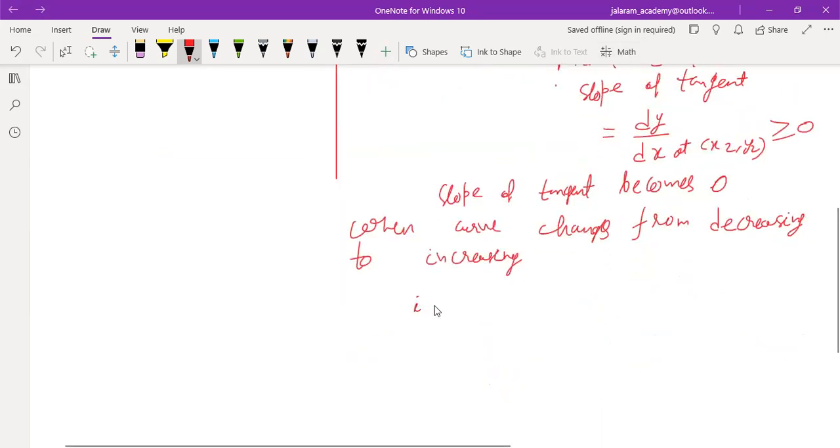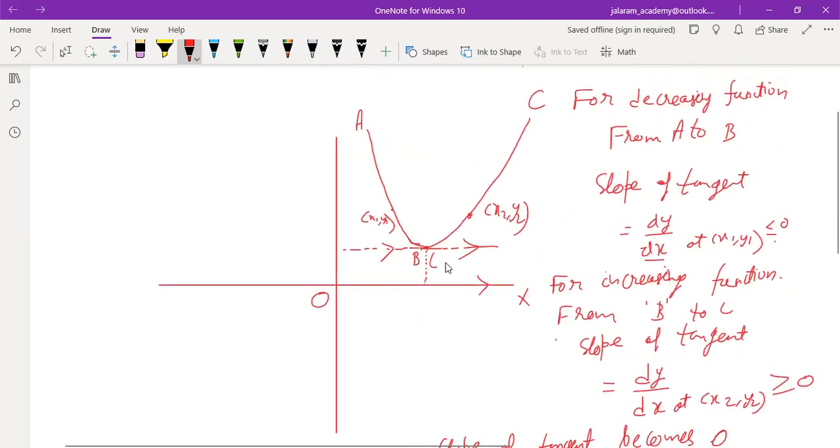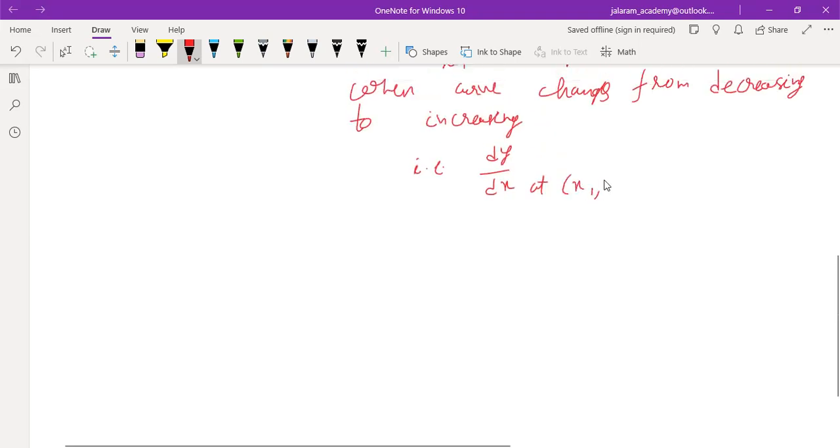That is what? Dy by dx. At that point, leave this point, we have already discussed about these points. Right? Point of contact is denoted by x1 comma y1.